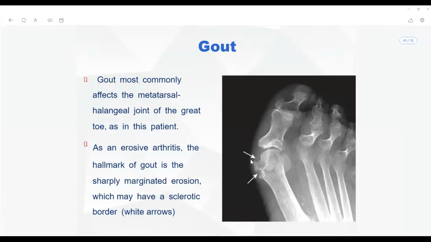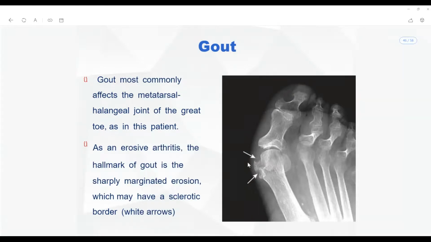You see here, there is an erosive arthritis, and there is a sharp margination along the metatarsophalangeal joint of the great toe. So this suggests that it is going to be gout.